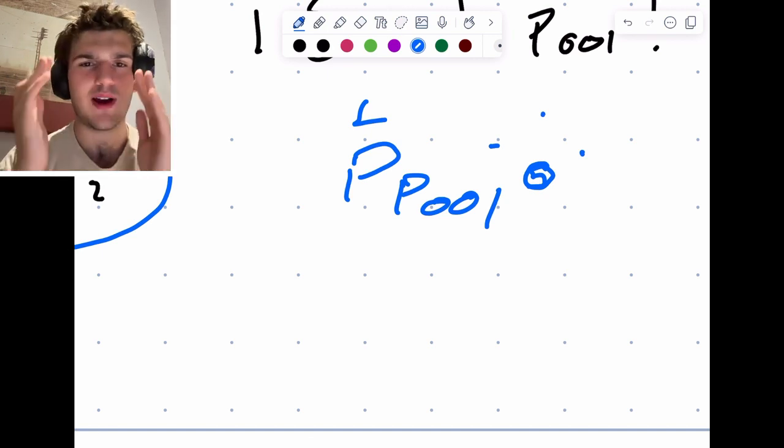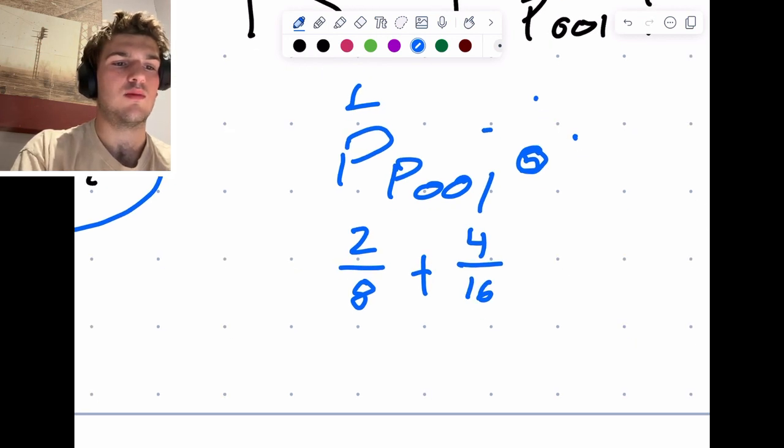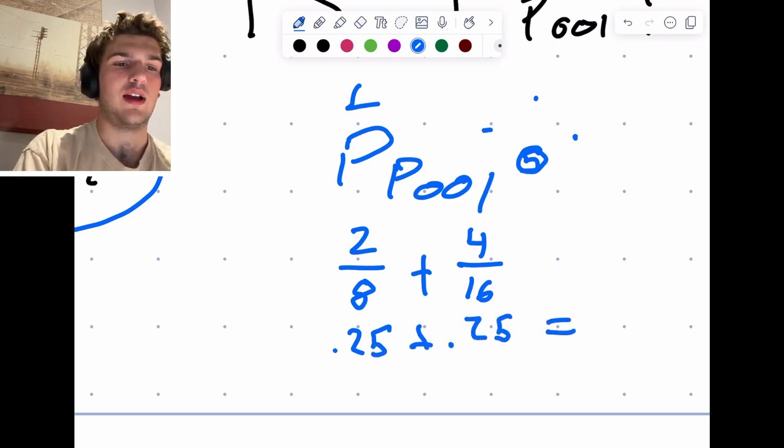I had to redo that, I confused myself with my own mathematics. Well, it's because we know that we can add like fractions. So if we have 2/8 and say 4/16, we know that this is just adding 0.25 plus 0.25.